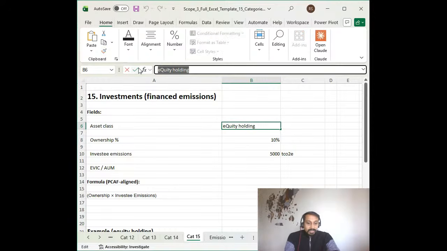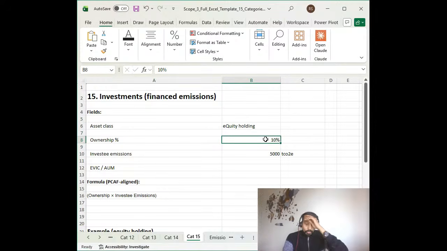So as a financial service, you have to ask your investee company or issuers or your loan takers to submit their annual emissions every year, so that you can calculate as a financial service, asset manager or bank for category 15. Also the AUM or assets under management.